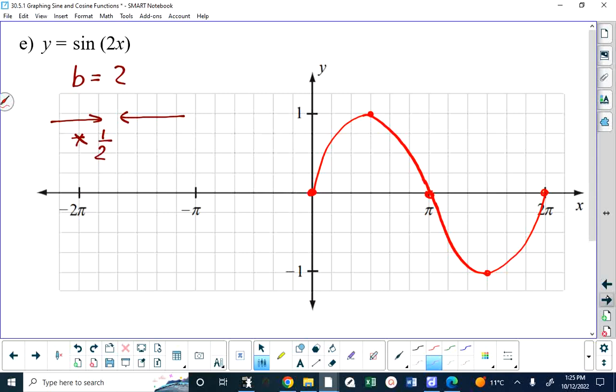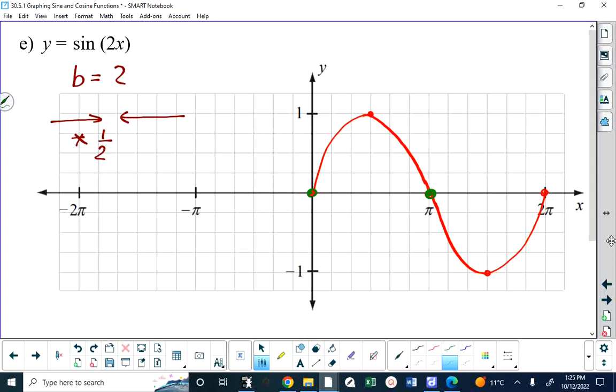What this in effect does is it takes this graph, and I know if you're watching on video, am I recording this? I guess I am. If you're watching on video, you can't see this, but what we're doing is we're pushing it in by a factor of 1/2, which means the period is not going to be 2 pi, it's going to be pi. And what that means is this graph is going to start here and go through a complete cycle to there.